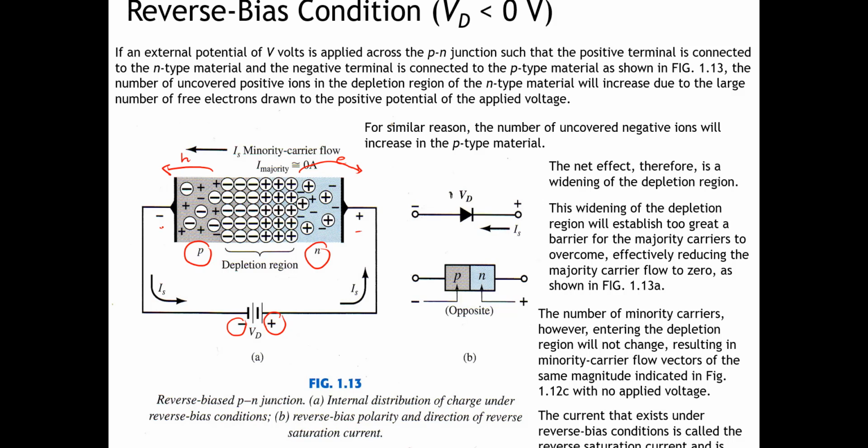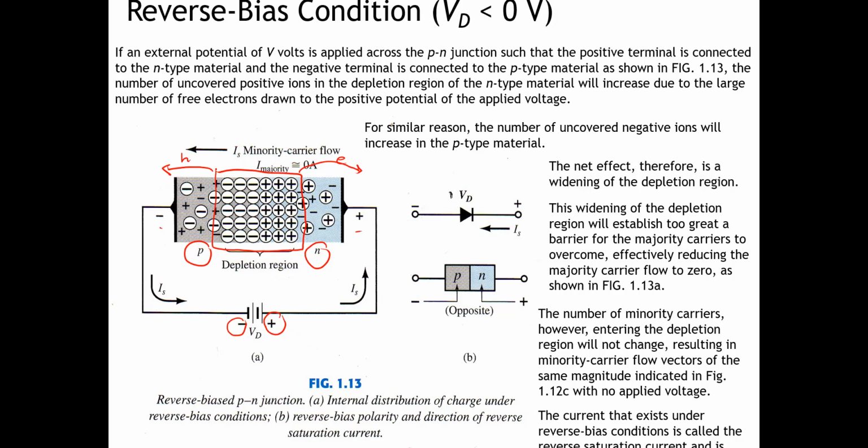So the depletion region between the P-type and N-type becomes large. The current is similar to when we didn't apply any bias condition. There is no current here because the depletion region is very large.